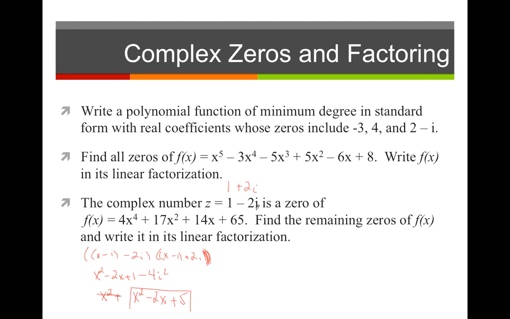If I wanted to find the remaining zeros, all I would have to do is take this quartic function, take f of x here, and do long division by x squared minus 2x plus 5. I already told you that x minus 2i and x plus 2i are zeros, and therefore this will have 0 as a remainder.